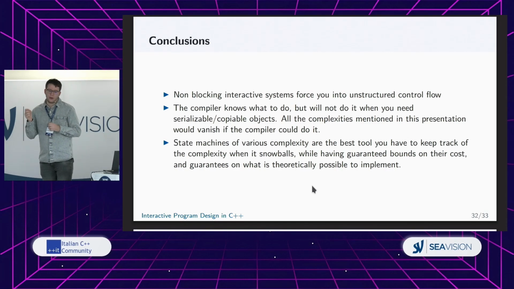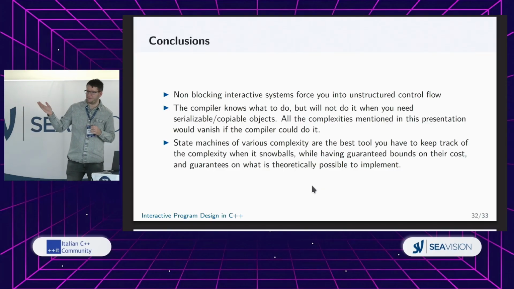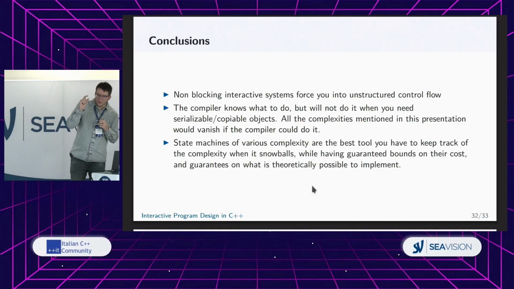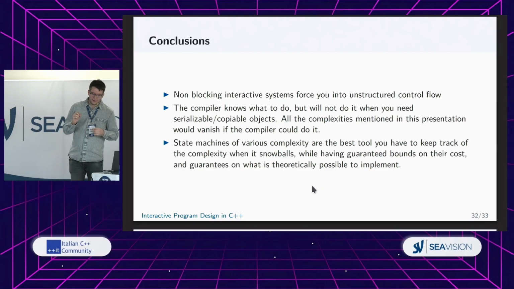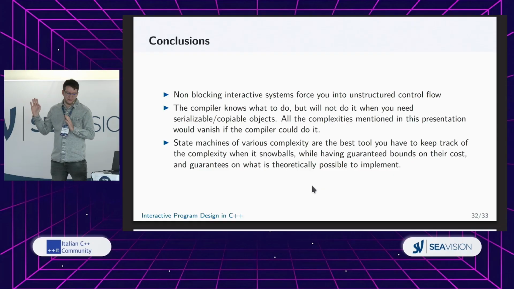The compilers know how to handle coroutines, but will not do it for you if you need a serializable or copyable object. And I think this is criminal from the point of view of the compiler. It's right there. It's almost capable of doing it, but will not do it. And if it was able to do it, all the complexity of this presentation would vanish.